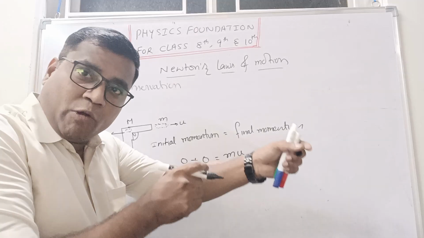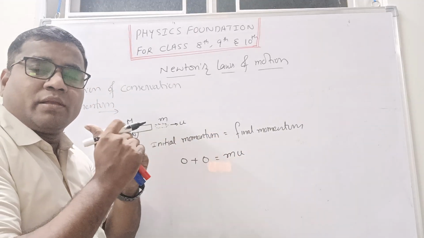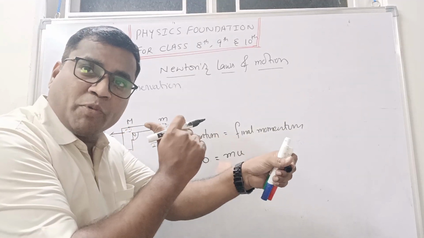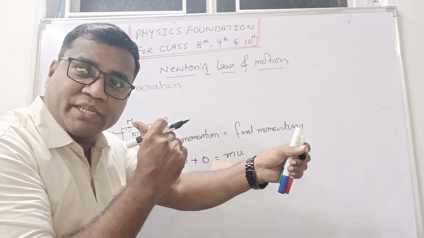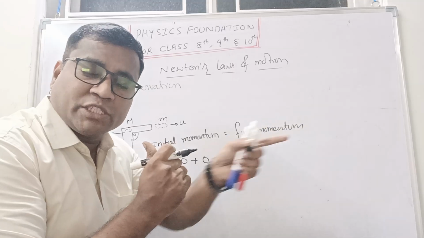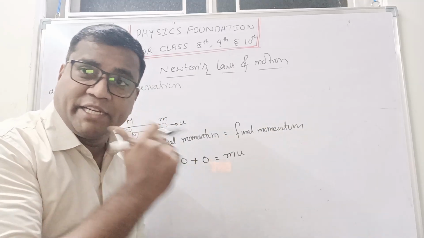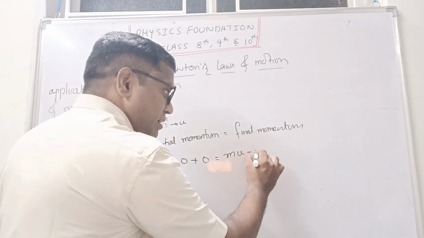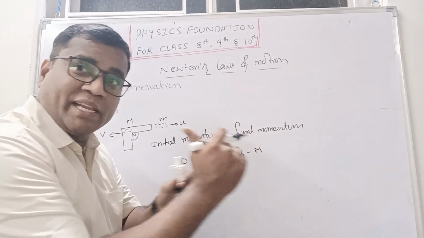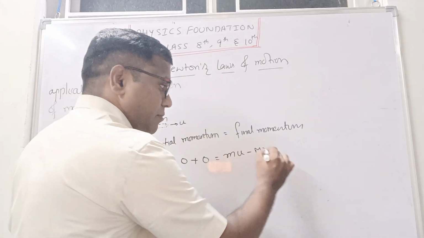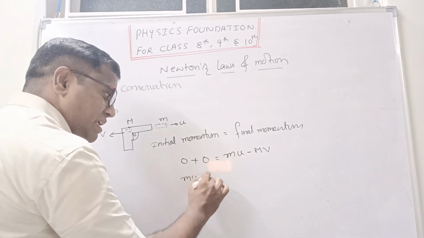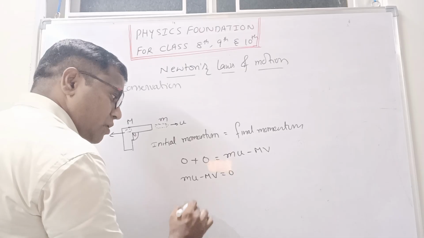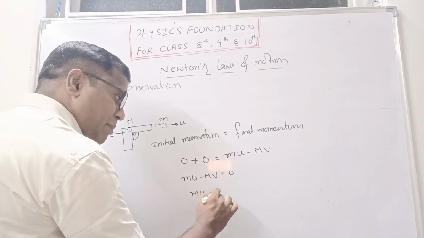When the bullet is coming outward, the gun will move backward, so both directions are opposite. If I consider the bullet's direction as positive x-axis, the gun's momentum should be negative. So I write minus capital M into v, where v is the velocity of the gun. So mu minus Mv is equal to 0, so mu is equal to Mv.